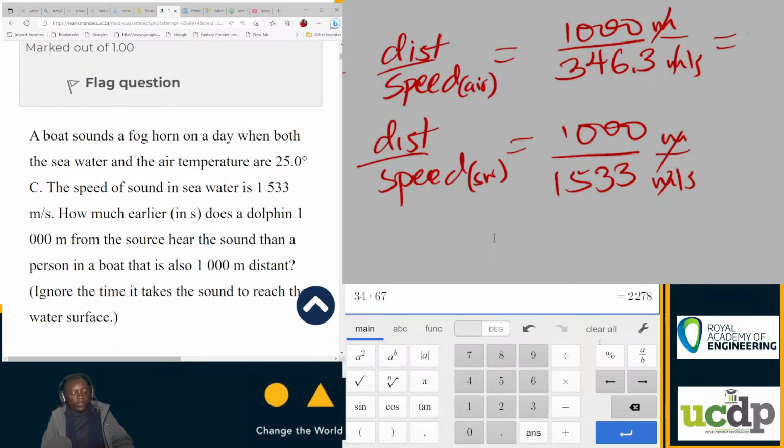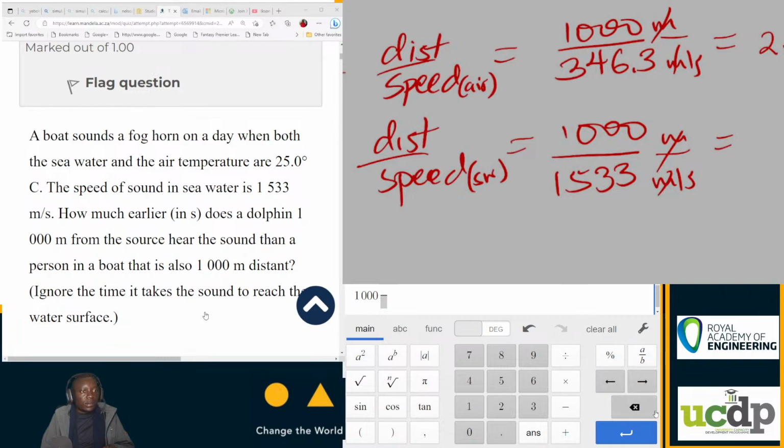So 1000 over 346.3 would give us 2.89 seconds. And 1000 divided by 1533 gives 0.65 seconds.